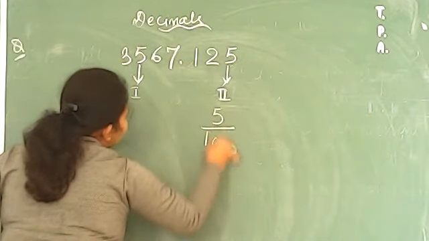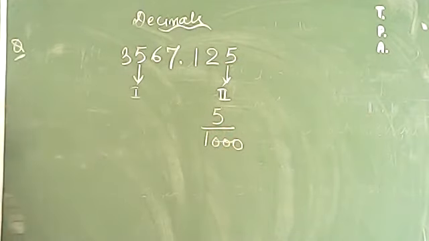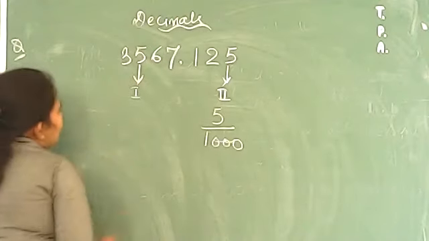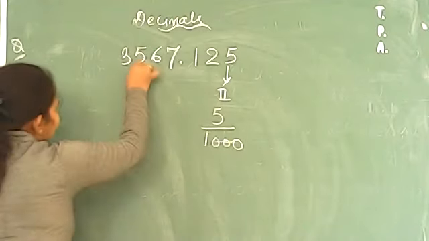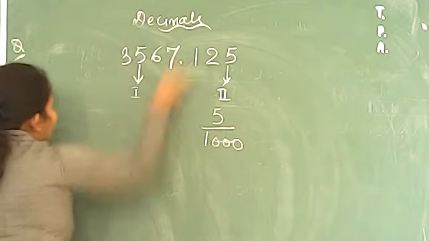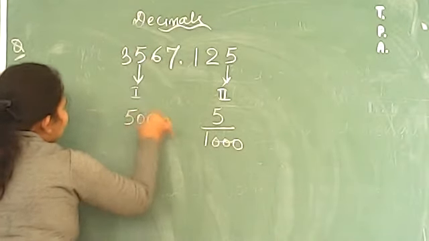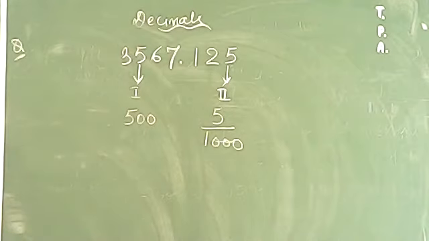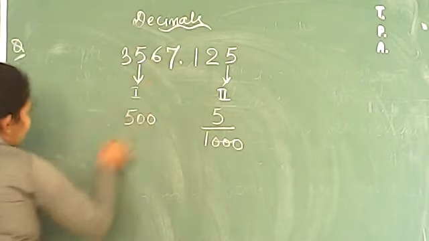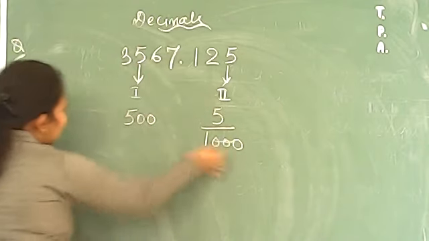So the place value for this one is 5 by 1000. And for this one, this is whole number part and you have this place as 500. So you have this place value as 500 and you have this place value as 5 by 1000.